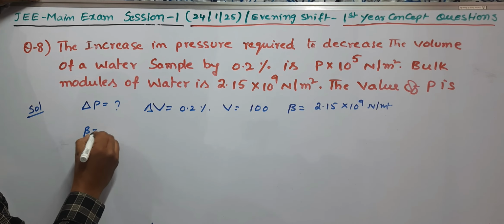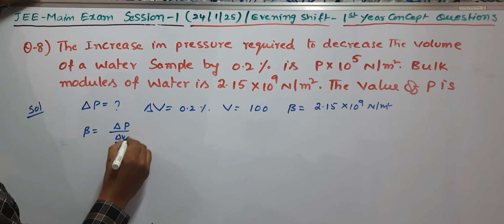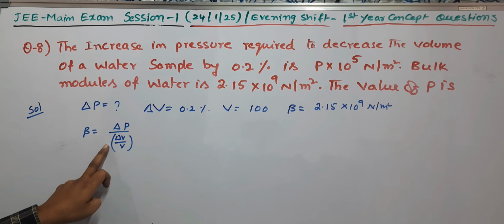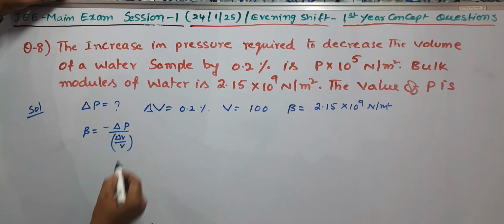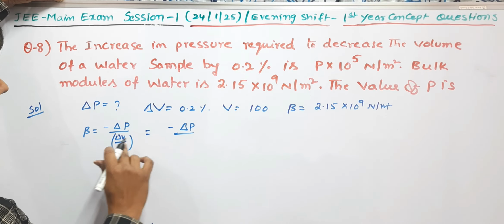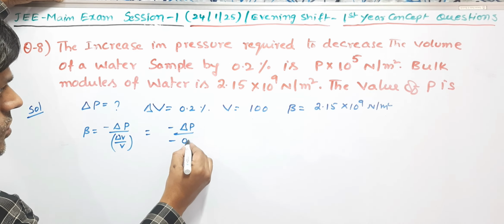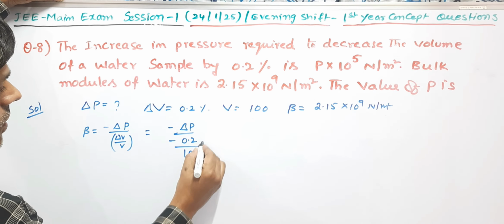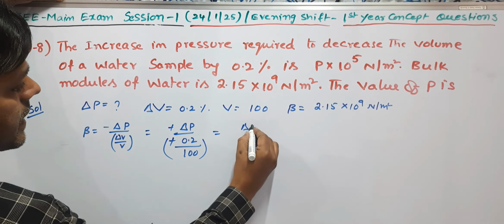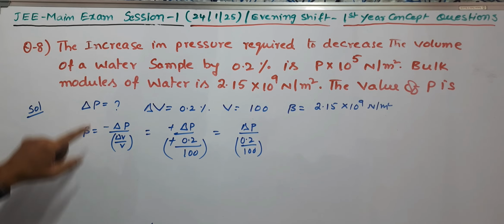According to the definition of bulk modulus, it is bulk stress by change in volume per unit volume, that is delta P by delta V by V, so minus delta P by delta V by V. Here delta V by V is 0.2 by 100, which is equal to the bulk modulus beta.